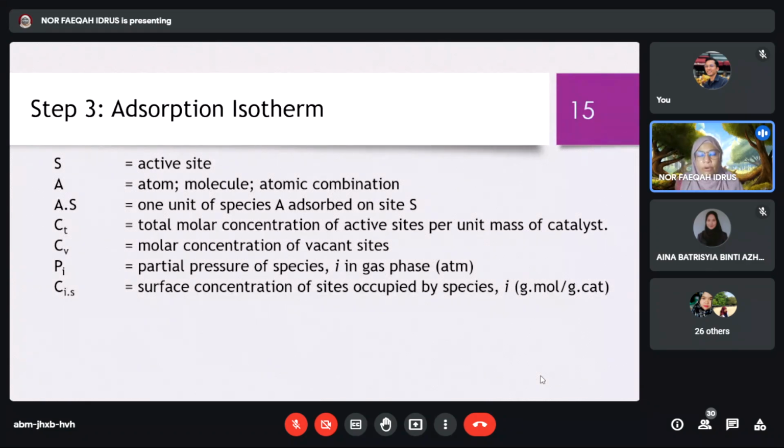So before we derive the adsorption rate equation, we need to know all the terms involved during the process. Okay, first we have the active site.